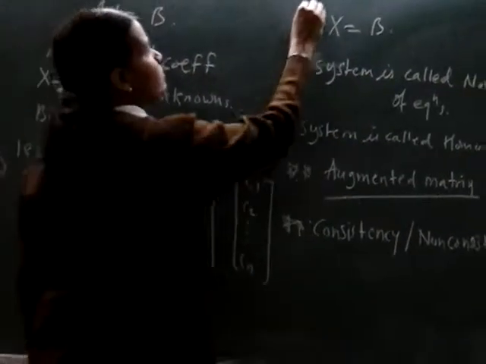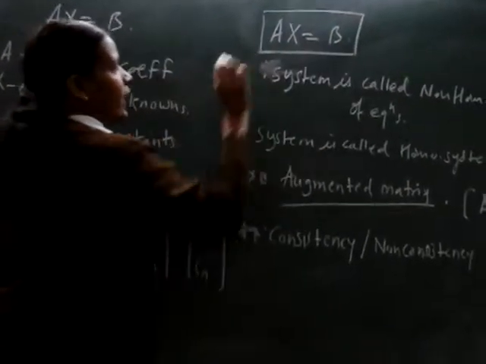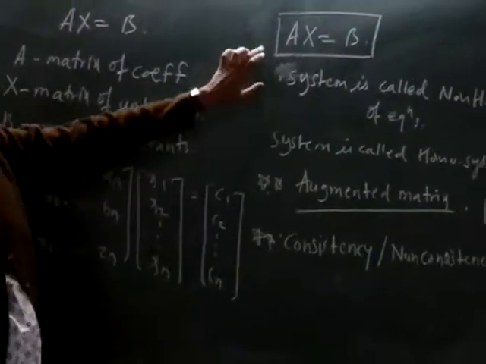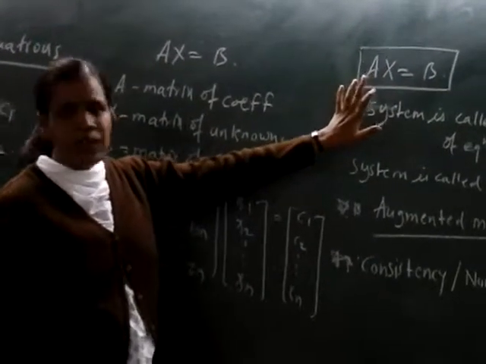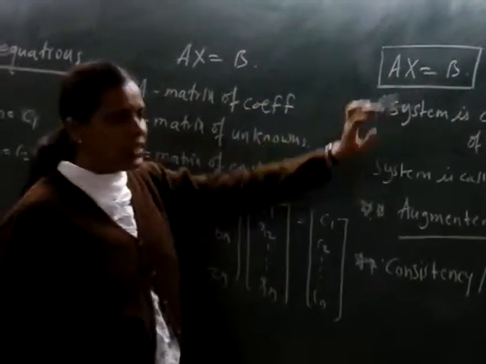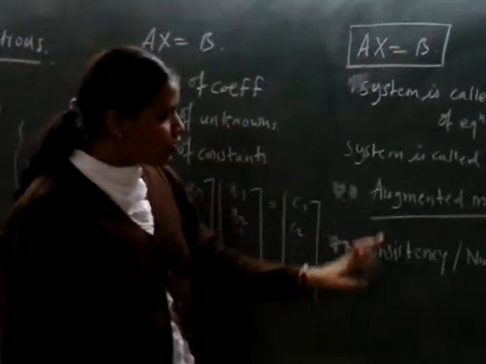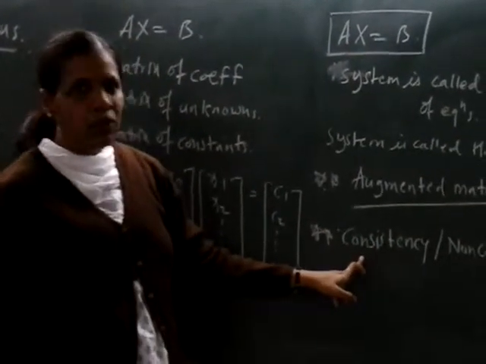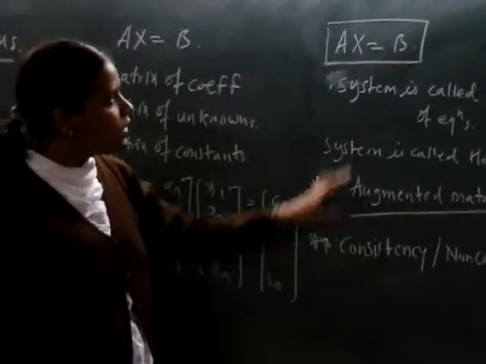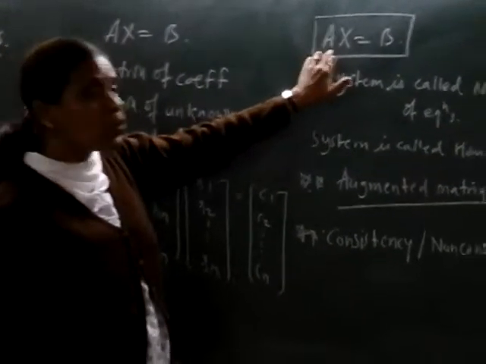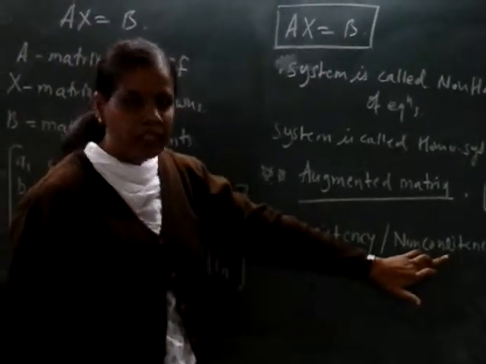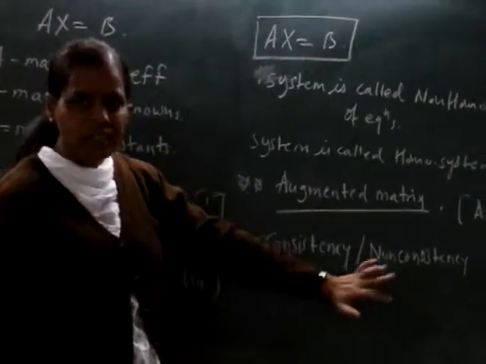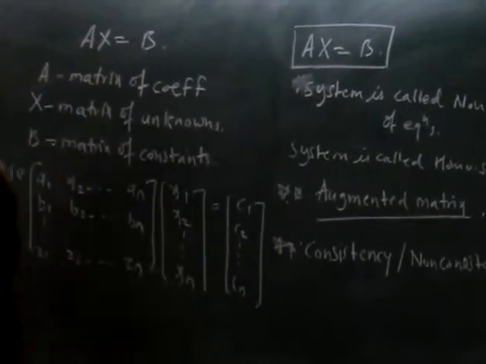If the system AX is equal to B has a solution set, meaning it has a solution, then that system is called consistent. Otherwise, if the system has no solution, then that system is called inconsistent.